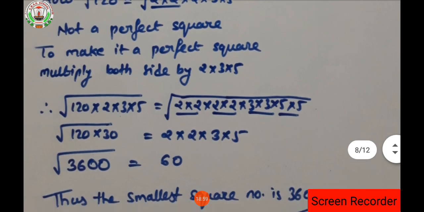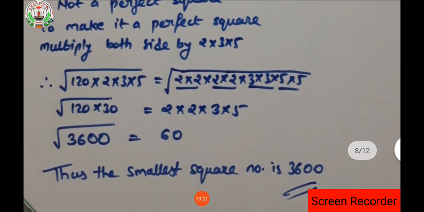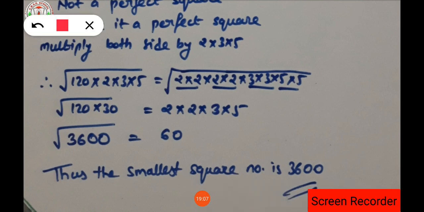So when we multiply the number 2 into 3 into 5 on both sides, what are we getting? We have to multiply the unpaired numbers on both sides. These are the 3 numbers which are unpaired, isn't it? So these 3 numbers, that is 2 into 3 into 5, will be multiplied on both sides. Clear? This 5, this 3 and this 2 are the unpaired.